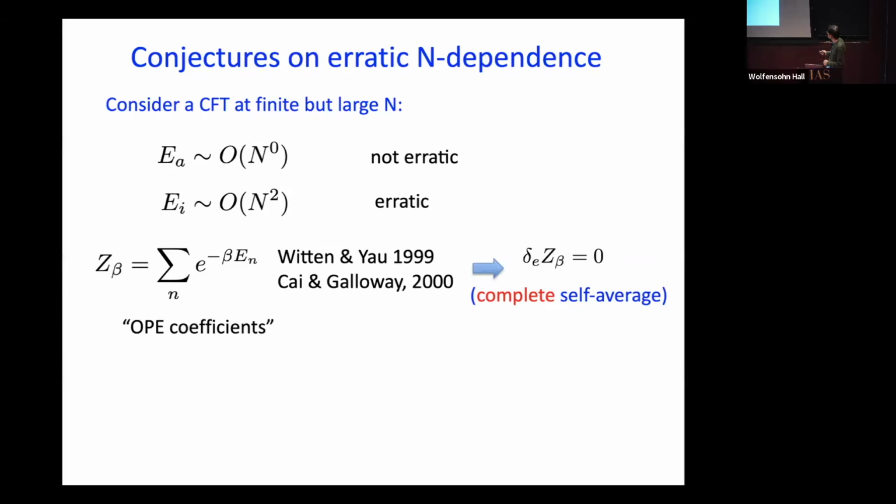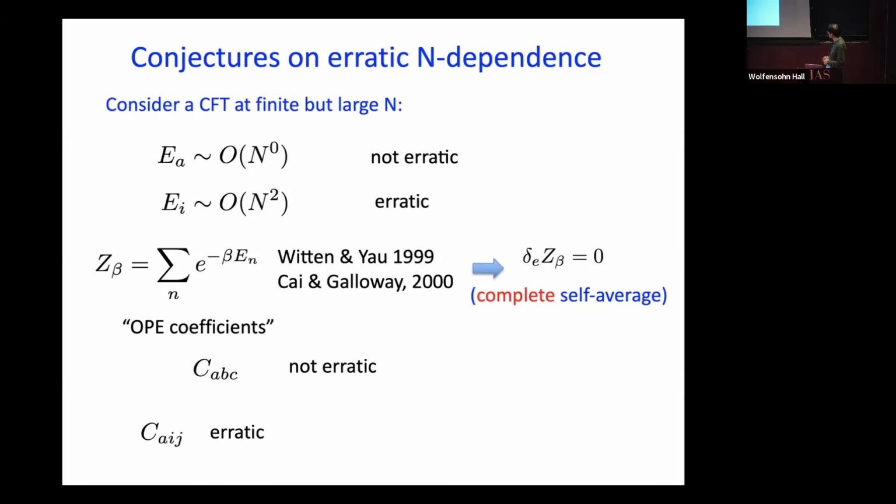Again, I will use this label: A always means a state of order n to the power 0, and I of order n squared. So we can have OPE coefficients between those states of order 1 energy, and again, they're not erratic. You can define them in the Lorentzian limit. They have a well-defined Lorentzian limit.